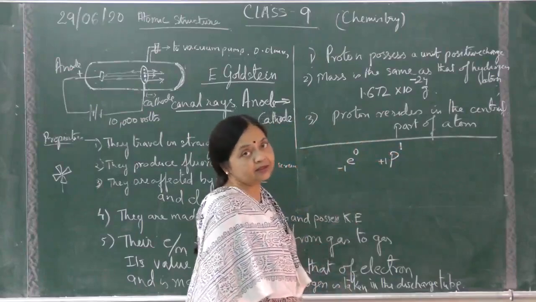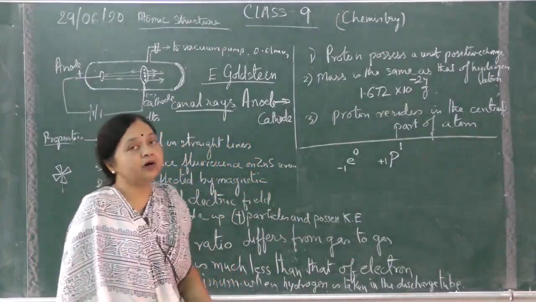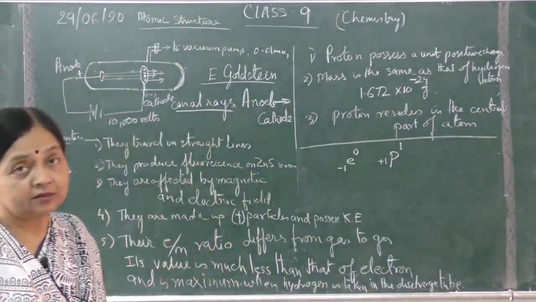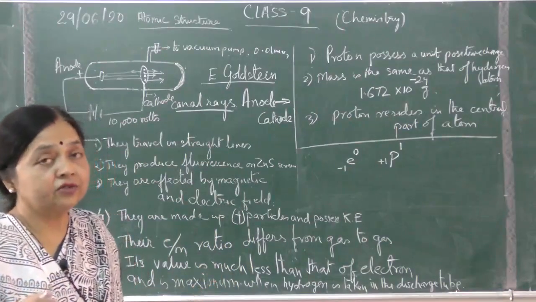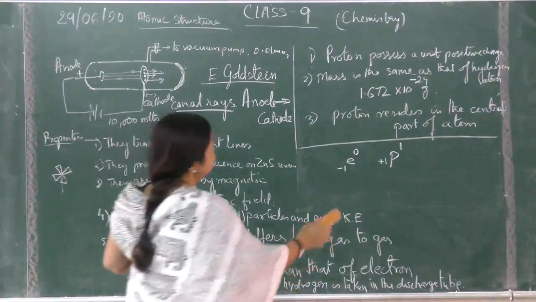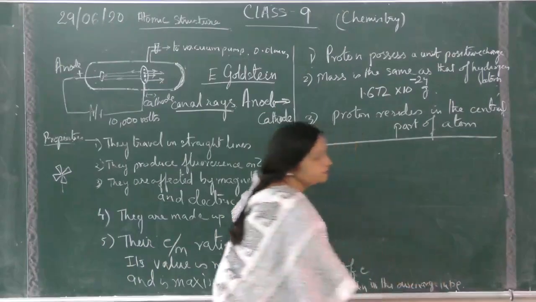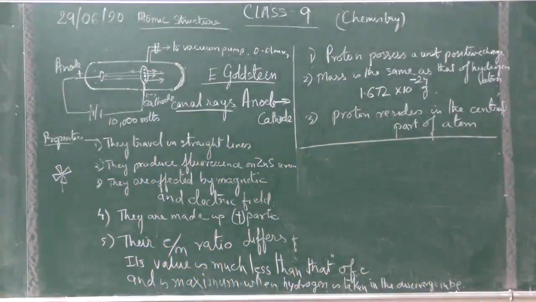This he said, but Thomson gave another model after the discovery of the electron and proton. Remember, till now the nucleus was not discovered, and the existence of the neutron was also not found. So J.J. Thomson gave a plum pudding model for this.